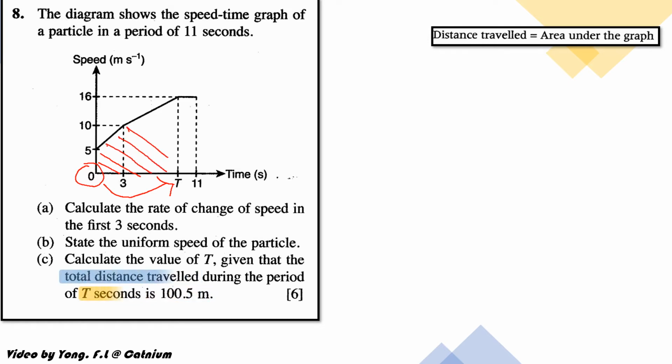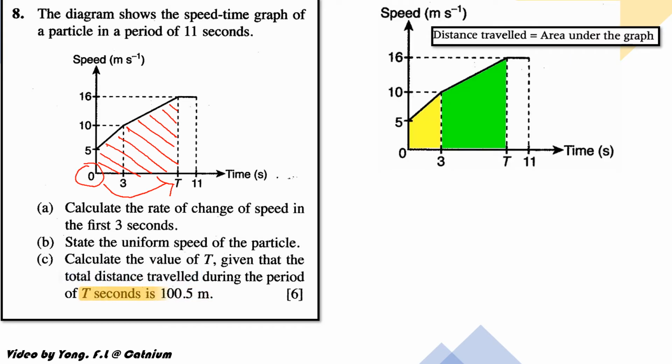Okay, sebelah sini dan tidak termasuk yang akhirnya. So we don't include the final part because they say until t only, not until 11. Bukan sampai 11. So I have given you a guideline. I have sketched in yellow color and green color. This is the total area under the graph from 0 to t.